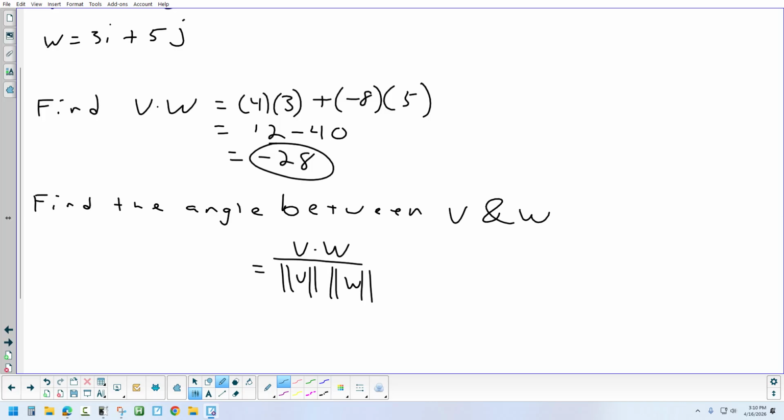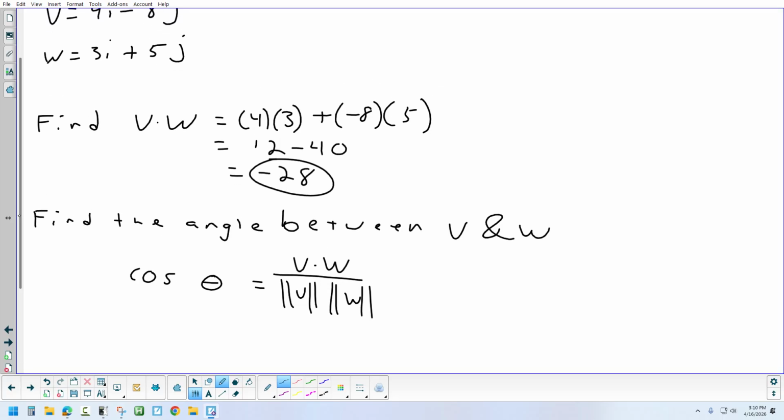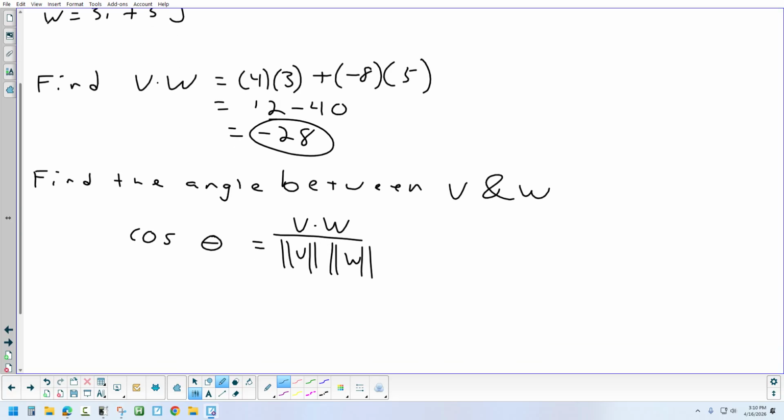That doesn't equal the angle. Oh, cosine theta. That equals the cosine of the angle. Yep. All right, so we've got the dot product. We need the magnitude of V and the magnitude of W. And the V and the W are just two letters I choose. You don't have to name everything V and W. You can use different letters. Don't use I, J, or K, but you can use other letters.